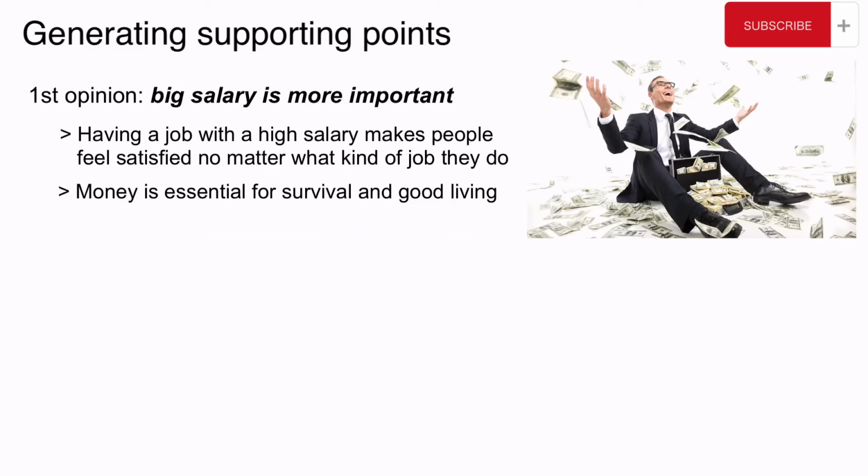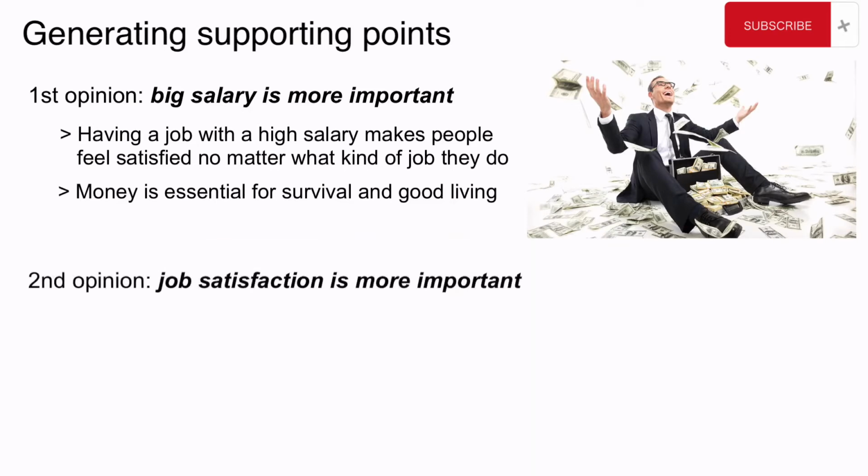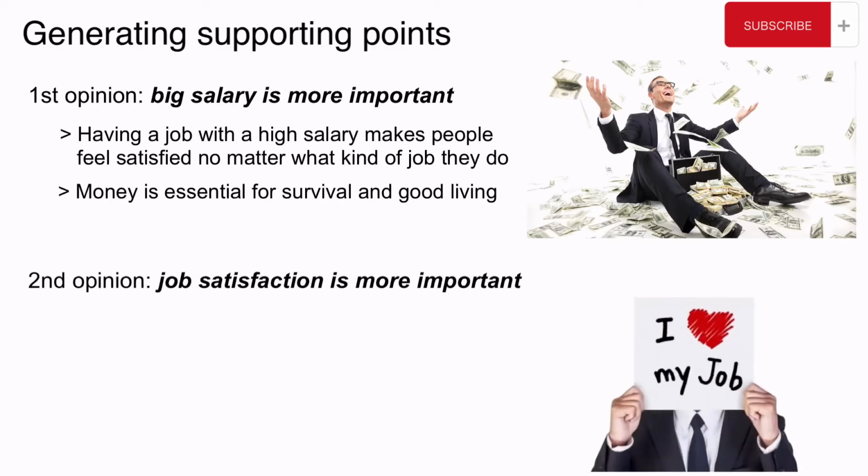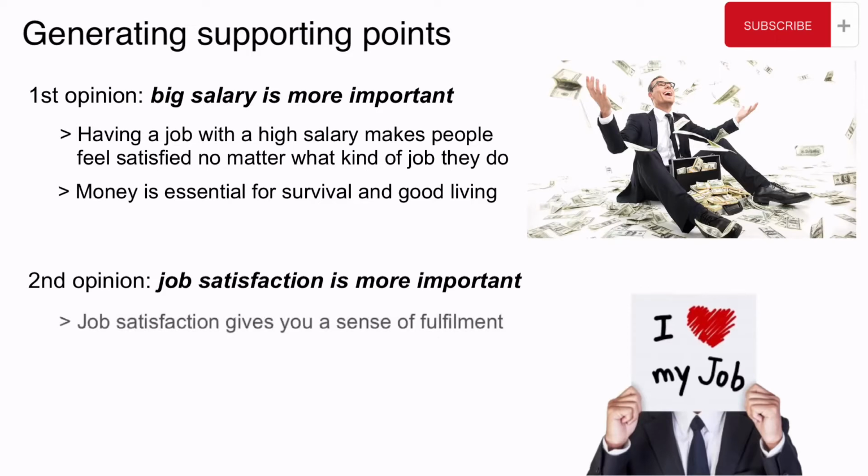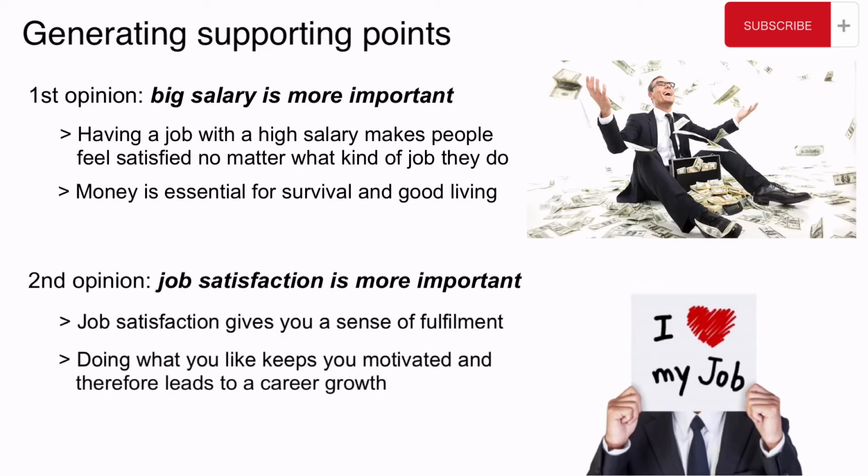Now let's look at our second opinion. Job satisfaction is more important. How can we support this opinion? Well, job satisfaction gives you a sense of fulfillment. Doing what you like keeps you motivated and therefore leads to career growth.